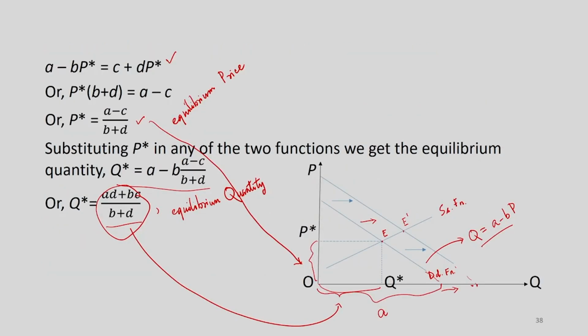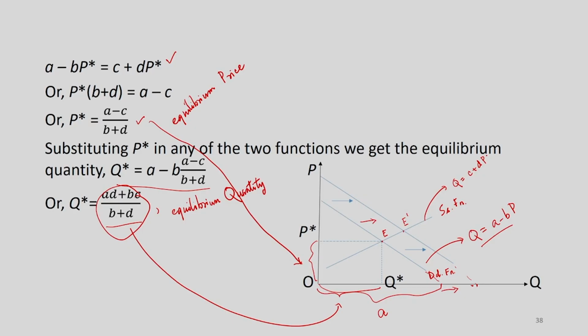Okay. So, this is very clear. The supply function or the supply graph has this equation, Q is equal to C plus d P. So, neither C nor d has changed. So, the supply function remains the same, the supply graph remains the same.